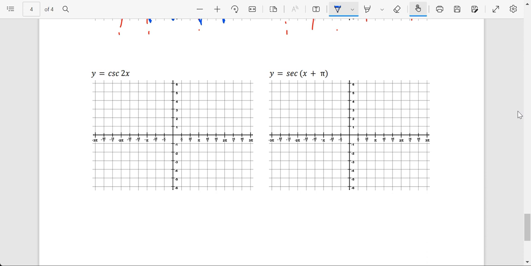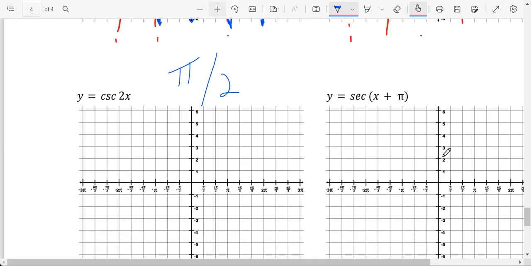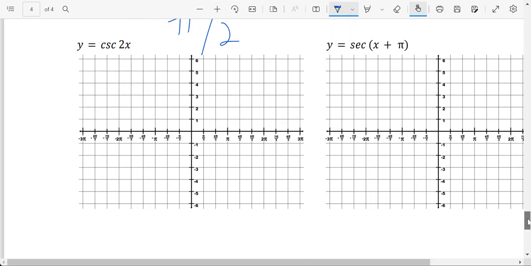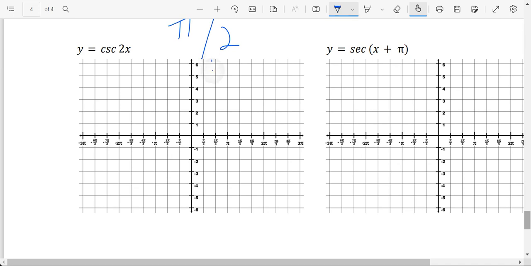We're going to do 2 examples and we'll call it. So first we have cosecant of 2x. So that means our period is pi over 2. It's always going to be whatever the b value is on the denominator and you're dividing pi, if needed. In this case, it's just pi over 2. So what does that mean? If we look at your cosecant graph, all your asymptotes will be half of what they originally were. So instead of it being at pi, it will be pi over 2.